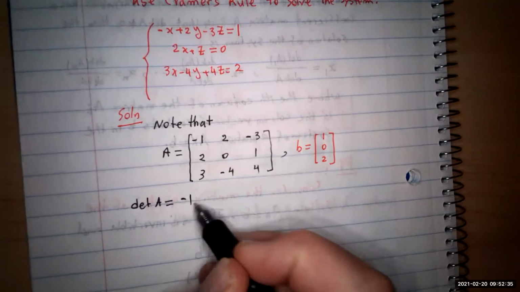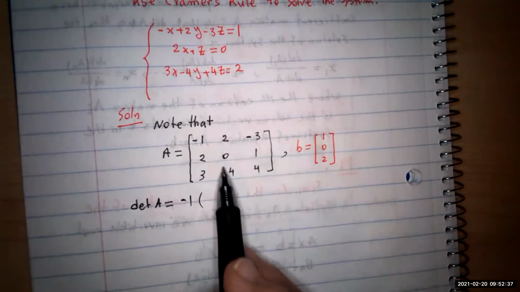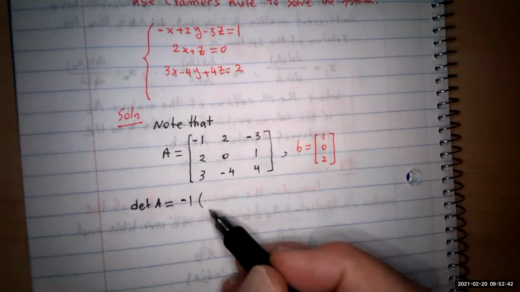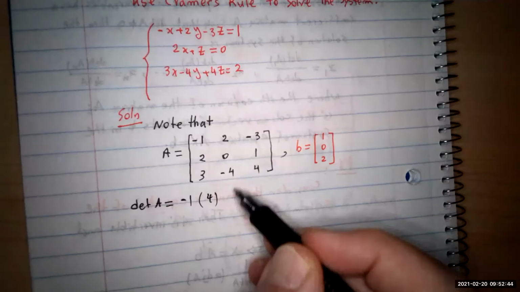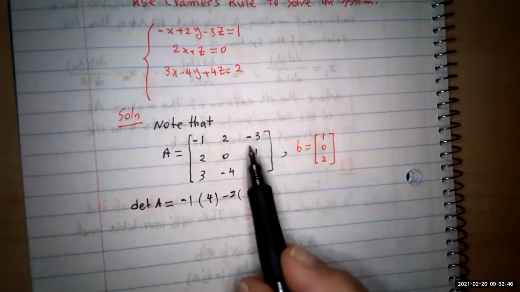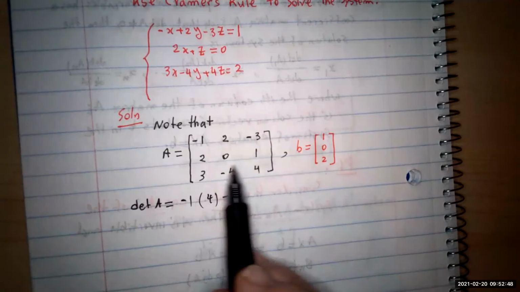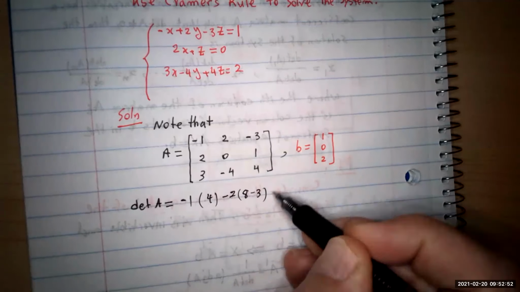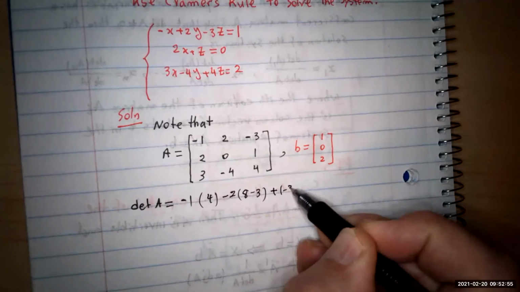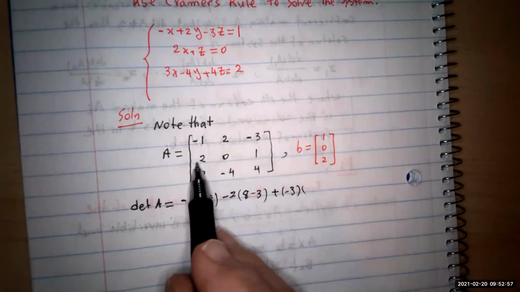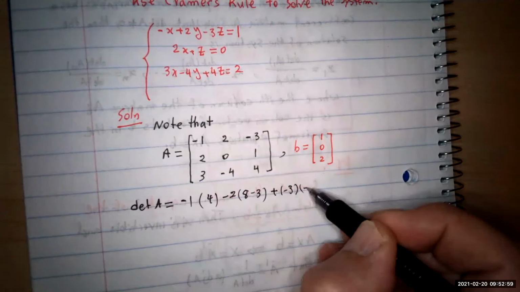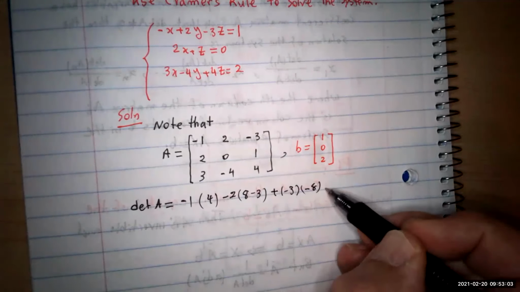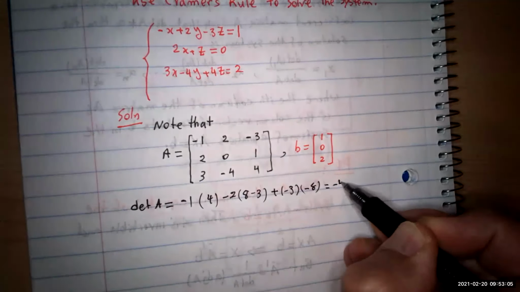It's going to be -1 times, eliminating the first row and first column, 0 minus 4. Then I go with this one: it's going to be -2 times, for the first row and second column, 8 minus 3. And then plus -3 times, which gives you a -8. We put them together, so that gives you 4.